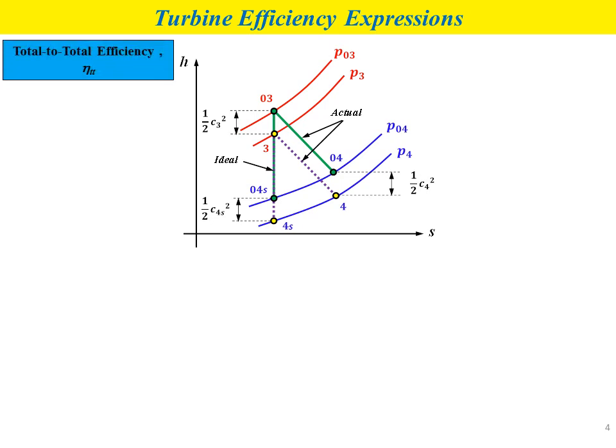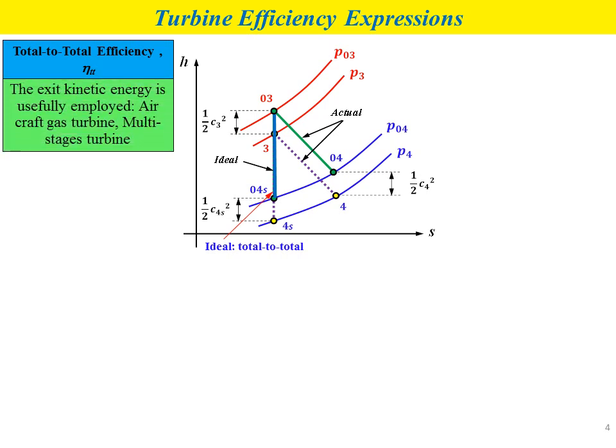The first expression of efficiency that can be used is total to total efficiency, mu TT. The term total to total is represented by the blue color line, which represents the total to total process, starting from the total or stagnation state 03 to the total or stagnation state 04s.